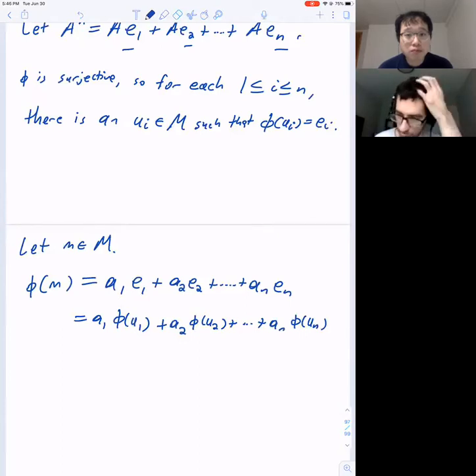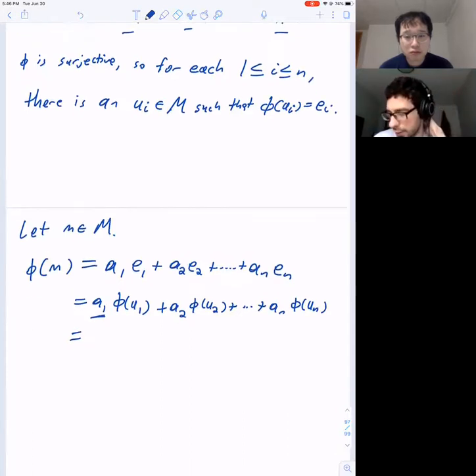Okay, that's what I got from the surjectivity of the map. But remember, the AI are elements of the ring, and phi is a module homomorphism, so the A's can move inside like this.